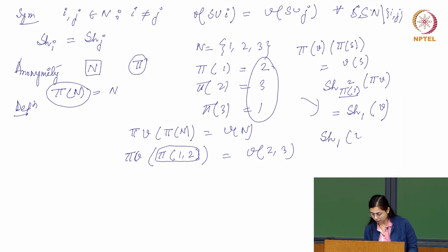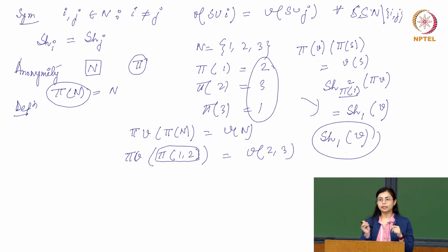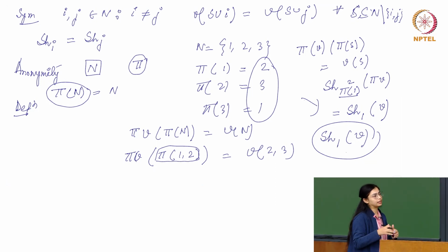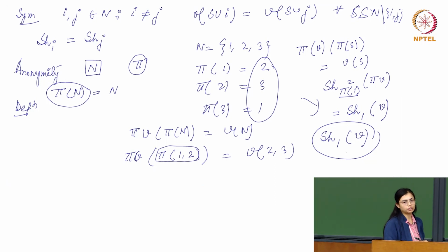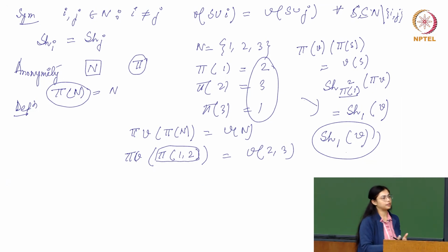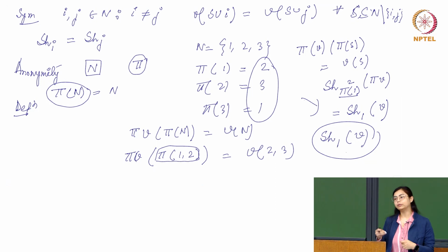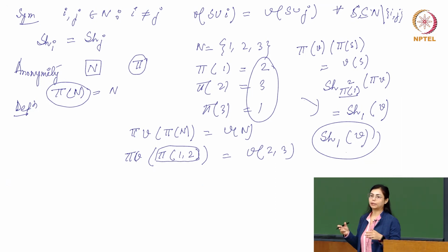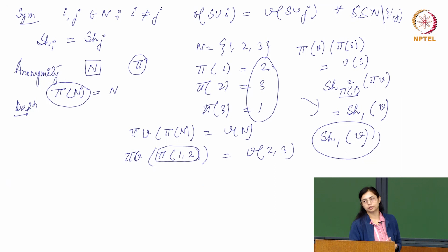Whatever the player is getting in game V, after the permutation we have another game pi V. Whatever the player will get in that pi V game, player 2, that pi 1, it's the same. So we are just changing the labels of the players. When we change the labels, they still get according to their contribution.